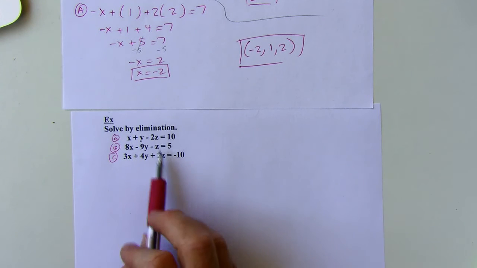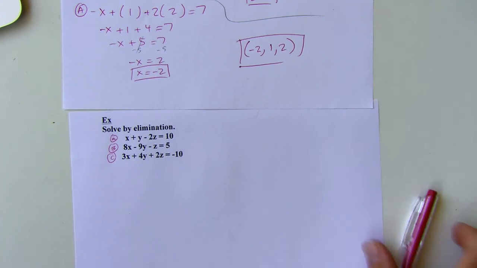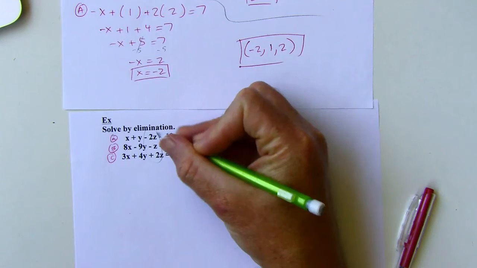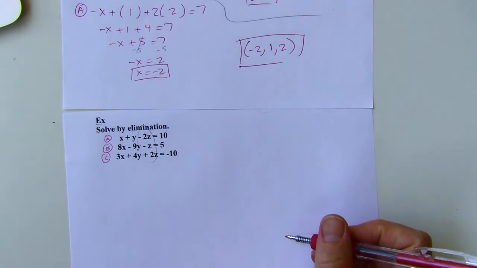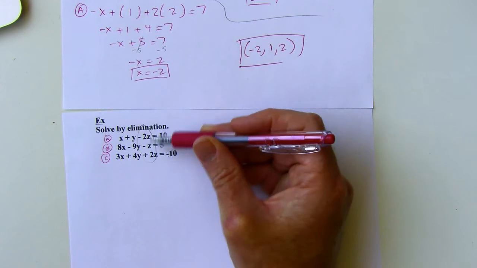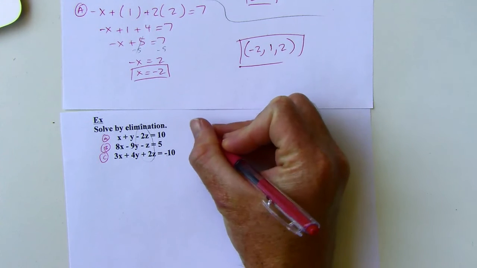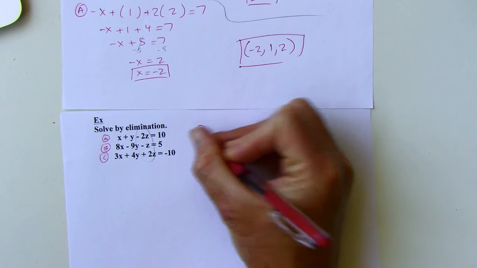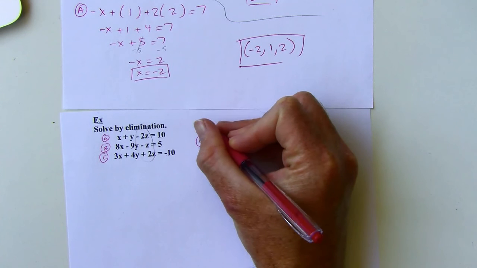Well, the z's have the smallest numbers. I think I'm going to go for the z's. So just to remind myself what I'm doing, going for those. And if you look at A and C, they're ready to go because the z's are already opposite. So let's do that first. I can just leave them as they are.